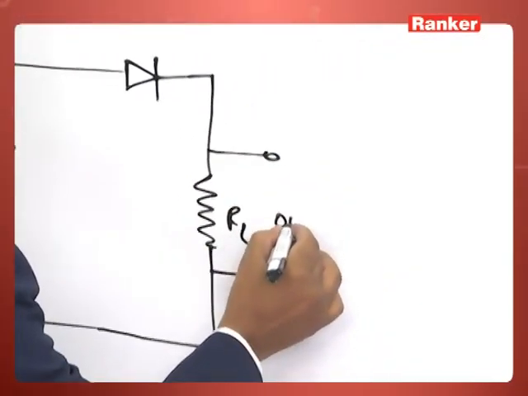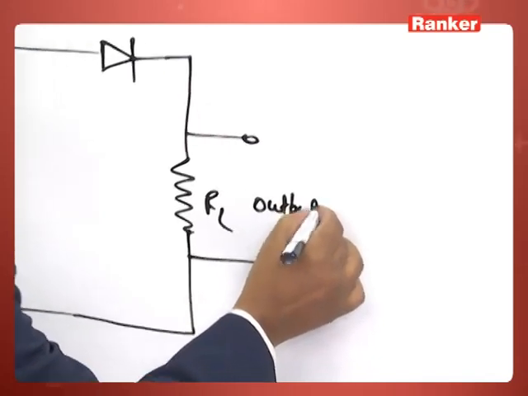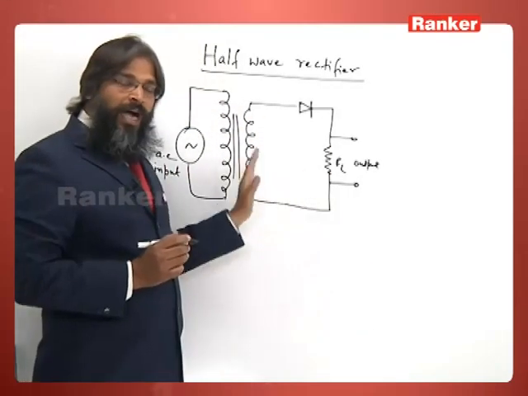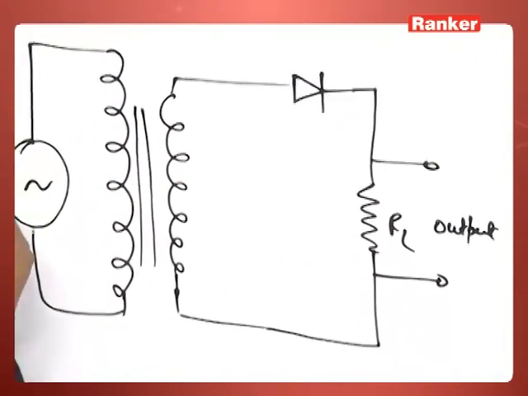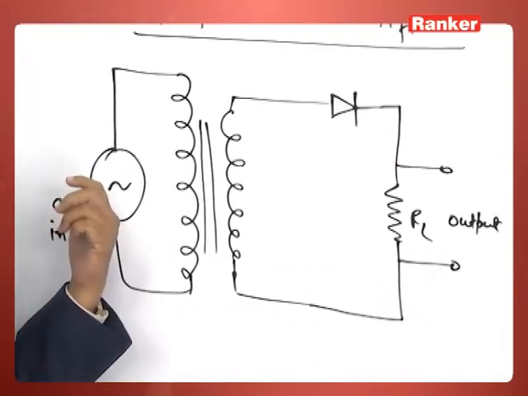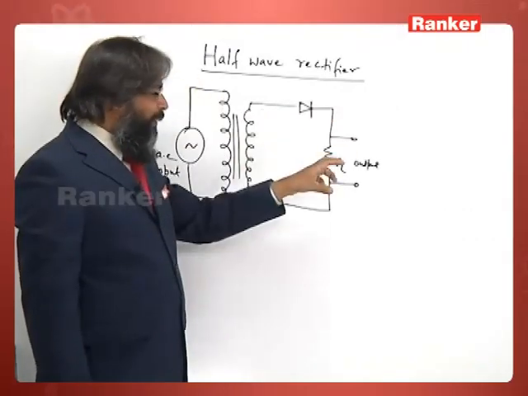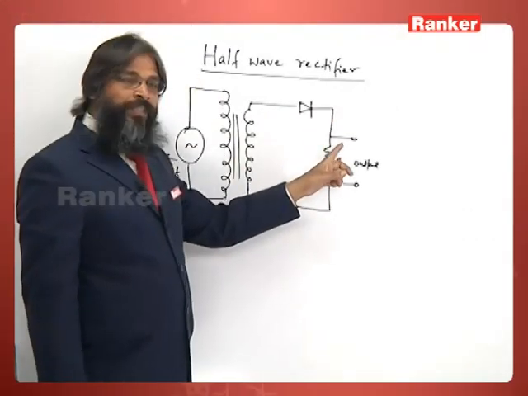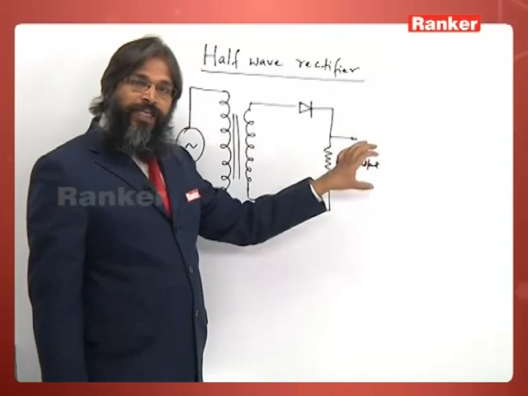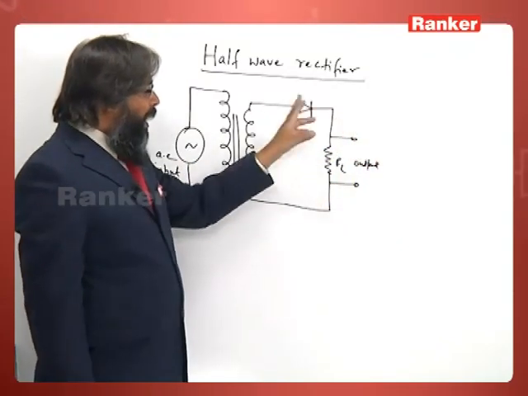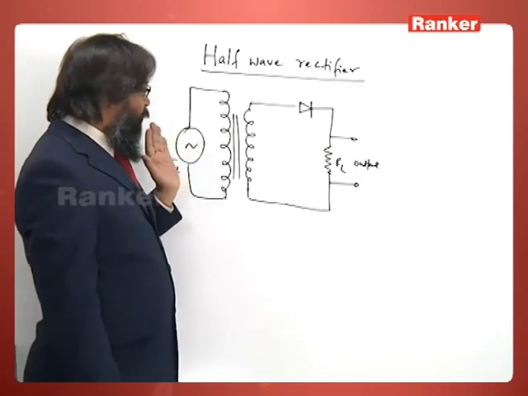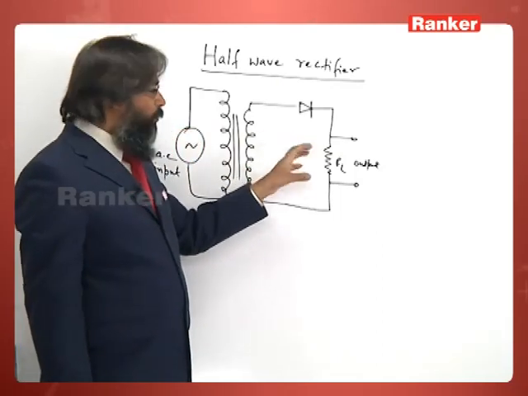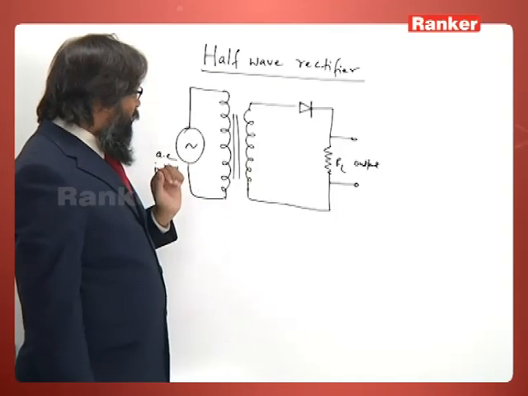It insulates the output circuit from the high voltage AC input. Suppose I am giving 220 volts and I am using my cell phone for charging, and the output I require is 10 volts. My output circuit will be insulated from the input circuit, so there will be no shock and no damage to my instrument.